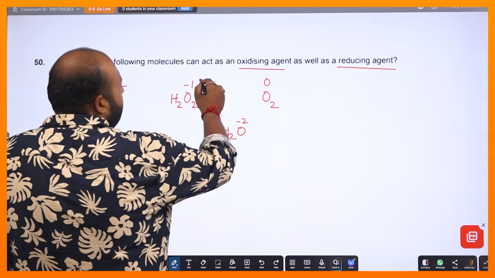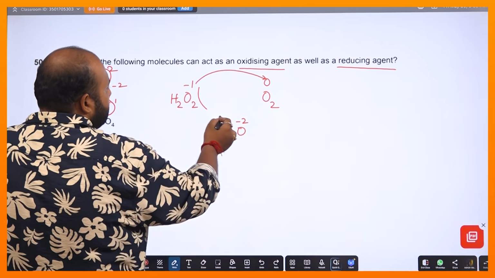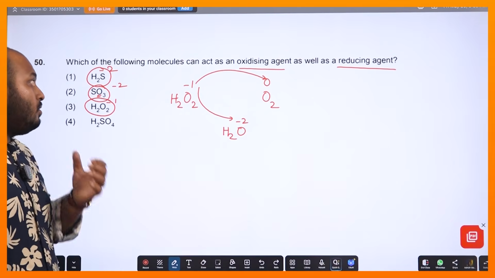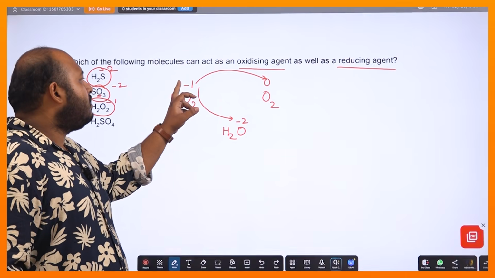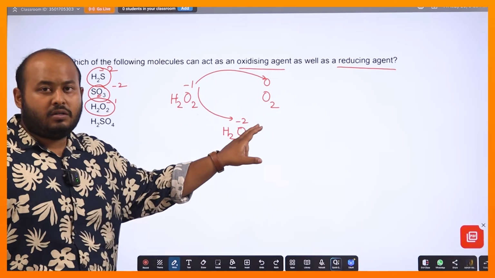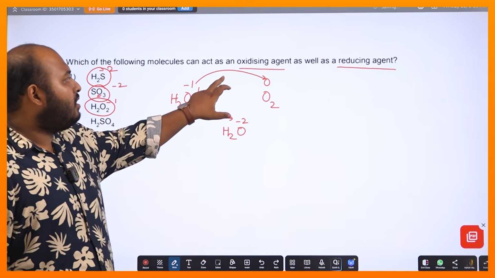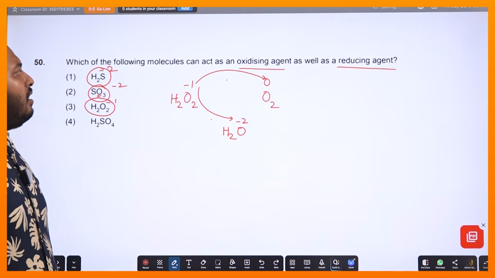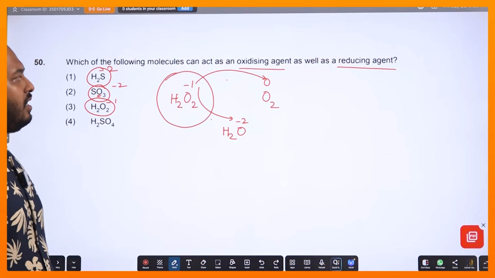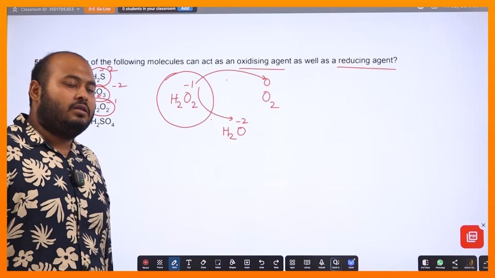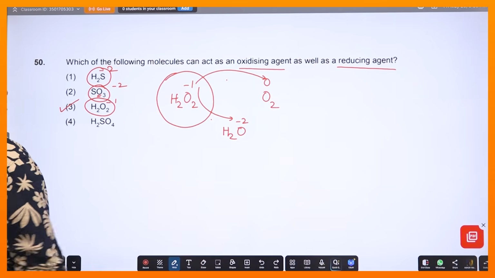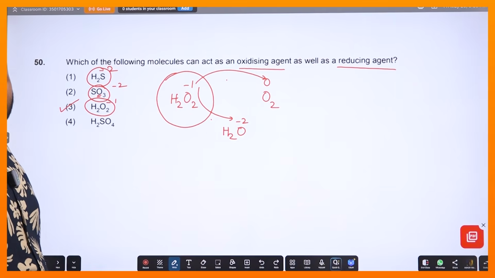So -1 to 0 as well as -1 to -2. So there is an increase in oxidation number as well as a decrease in oxidation number. So in this case H2O2 can act as an oxidizing agent as well as a reducing agent. So my correct option will be H2O2 in this case.